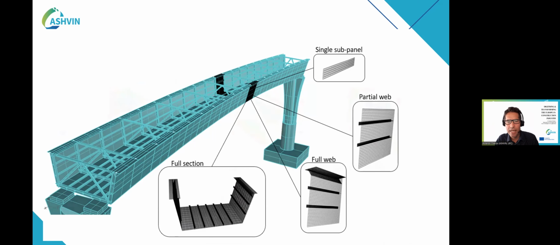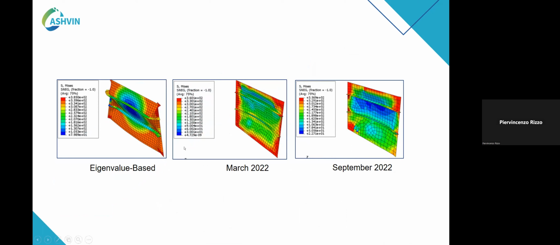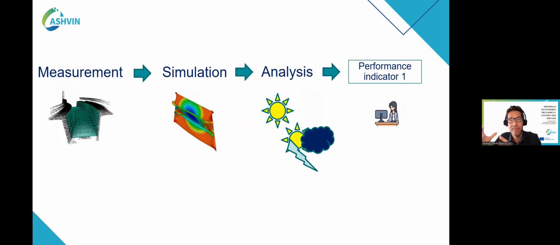And with that, the idea has been to reproduce the structural behavior of the portions that we are interested in understanding, and then use this information for this analysis. So this should give a performance indicator for the whole bridge.